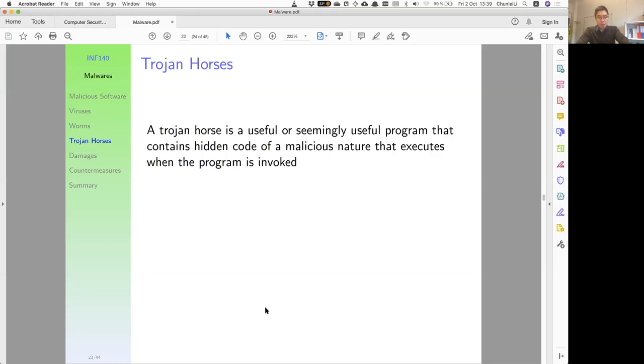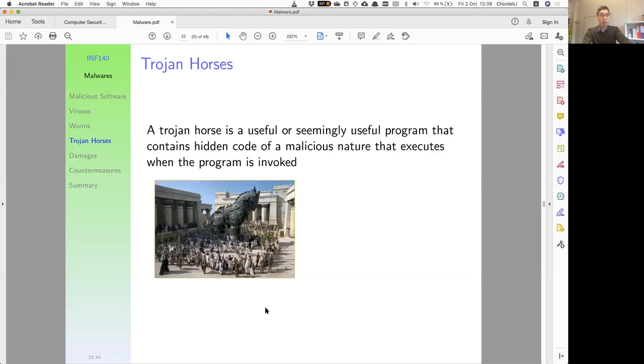So then we can move on to the Trojan horses. I think most of you have heard of Trojan horses. Am I right? Indeed, yes. Okay. So I will just read it out, and then we move on to the next slide.